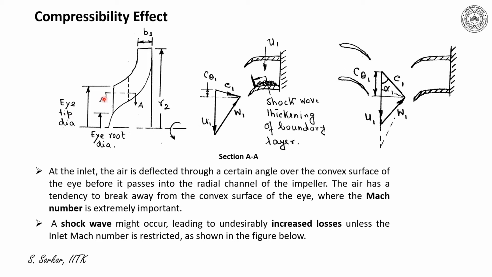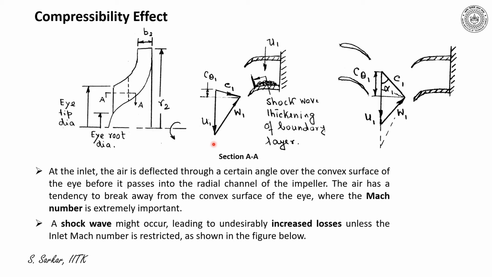Furthermore, I have taken a section which is marked by AA, and the section has been plotted here, which is the plan view looking from the top. Thus, you can understand this is the inlet of the impeller, which is the I. And let us consider U1 be the blade speed at the inlet.